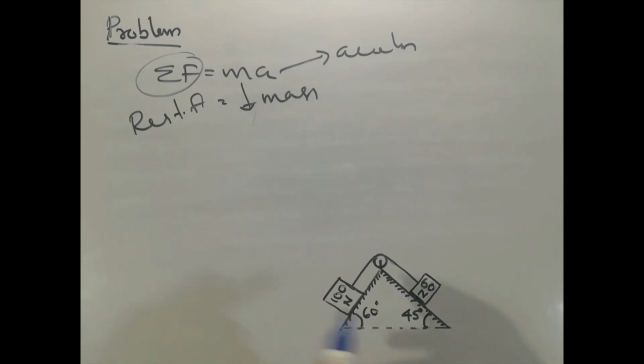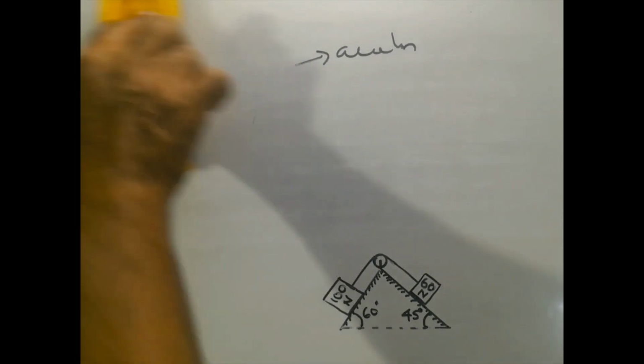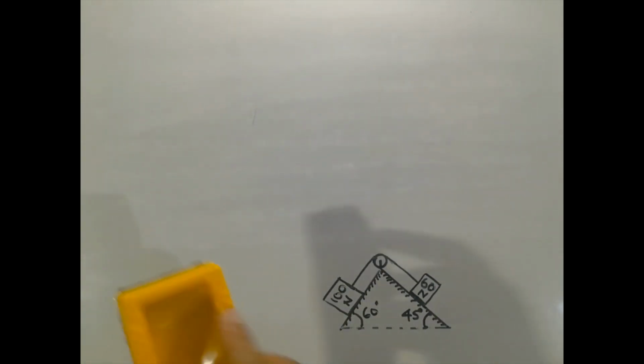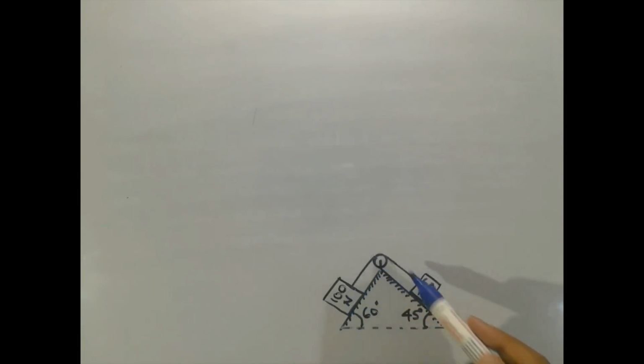So in this case there are two bodies moving simultaneously, and they are connected also. So this is a case of connected bodies, and these two bodies will be moving together with an acceleration of, say, a meter per second square. Why? Because the pulley is smooth, weightless, and the string also has no weight.